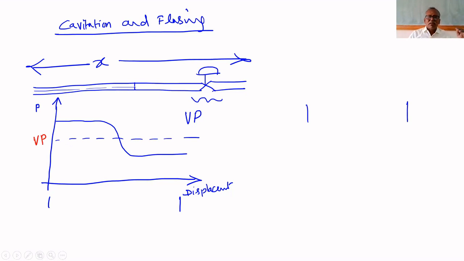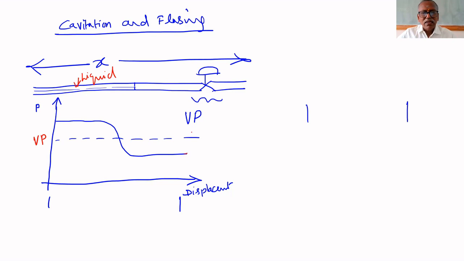It is coming as a liquid here. But when it crosses the valve, the pressure falls below vapor pressure. What will happen? It becomes vapor.